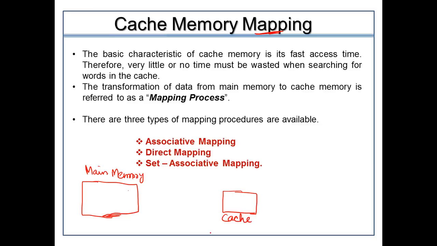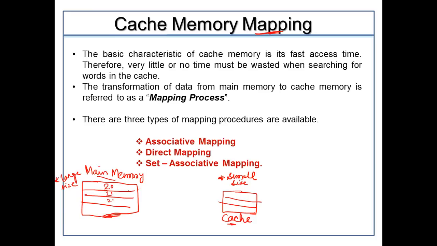Now, the point is that the main memory is a very large memory in terms of size, right? But the cache memory is comparatively a very small memory in terms of size. And we are saying that the data which is stored in the main memory is actually being stored in this cache memory. So now I think you are able to understand the concept.